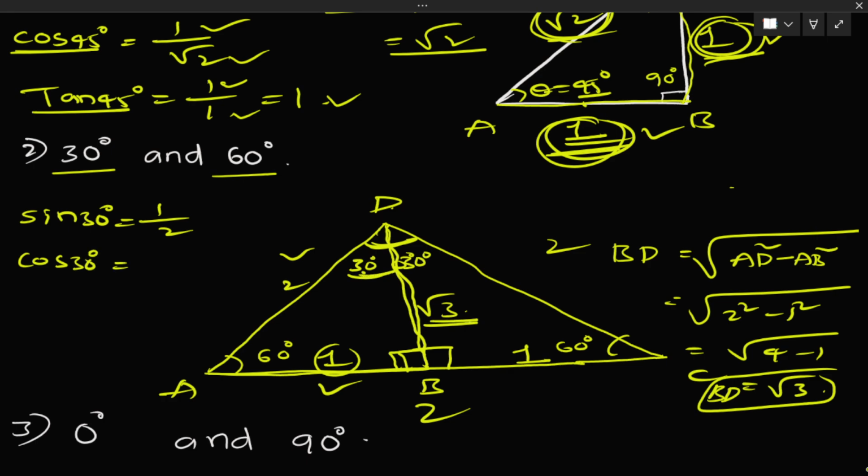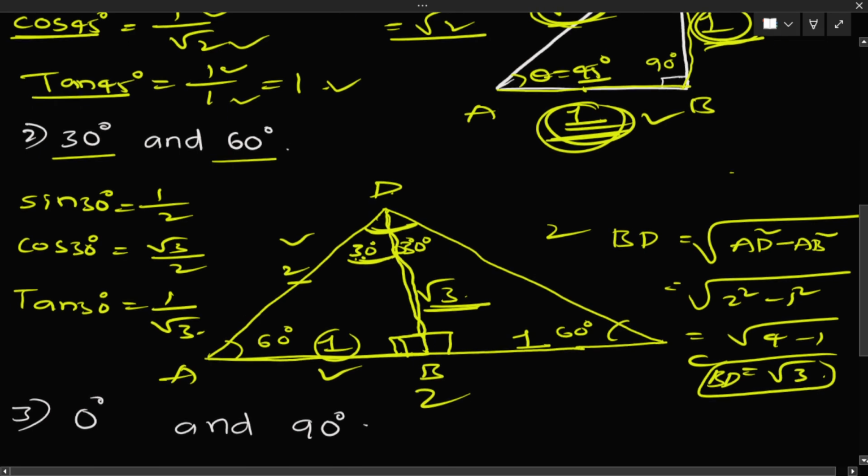Cos 30 means adjacent to the hypotenuse. So root 3 by 2. What about tan 30? Tan 30 means opposite side. Opposite of 30 degrees is 1 and adjacent is root 3. So 1 by root 3. Sin 30 is 1 by 2, cos 30 is root 3 by 2, tan 30 is 1 by root 3.